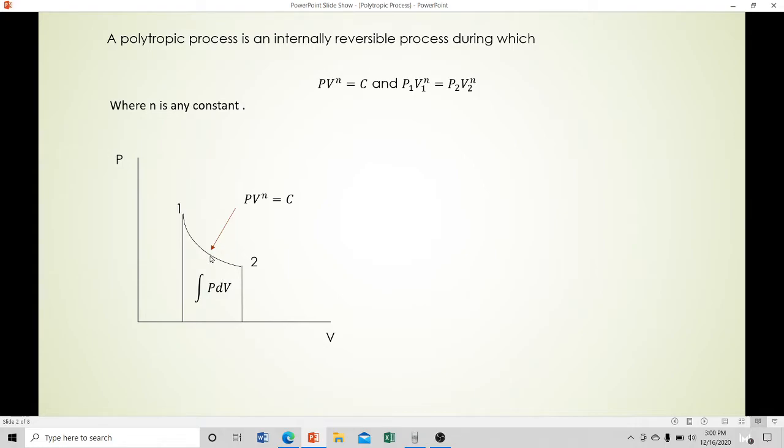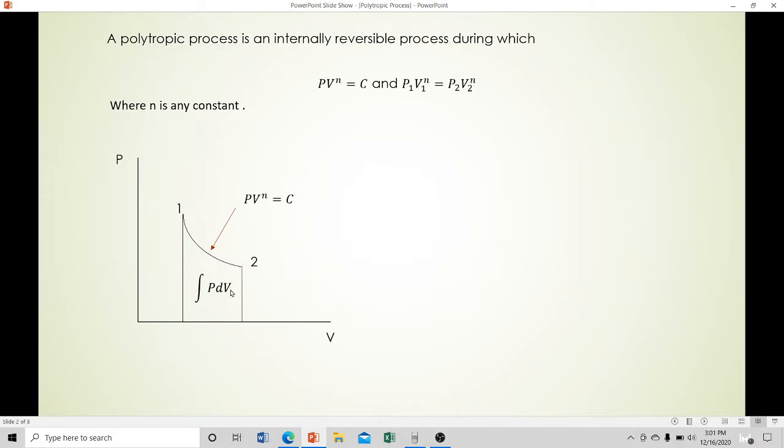So if we create a strip for this, the area of the strip is equivalent to length times width, where your length is the varying pressure, and your width is the thickness of this boundary.